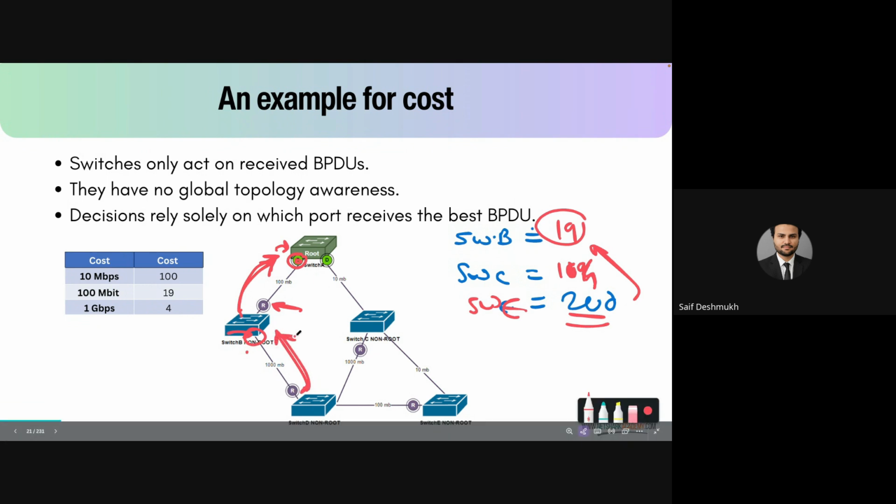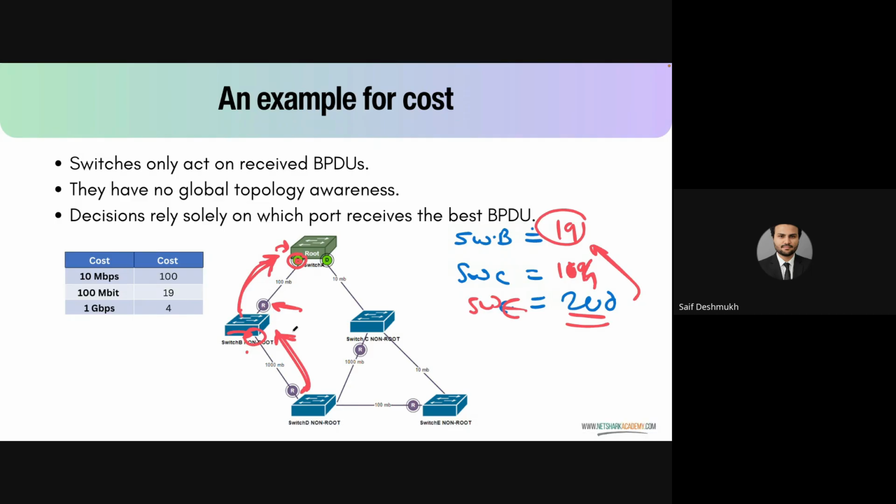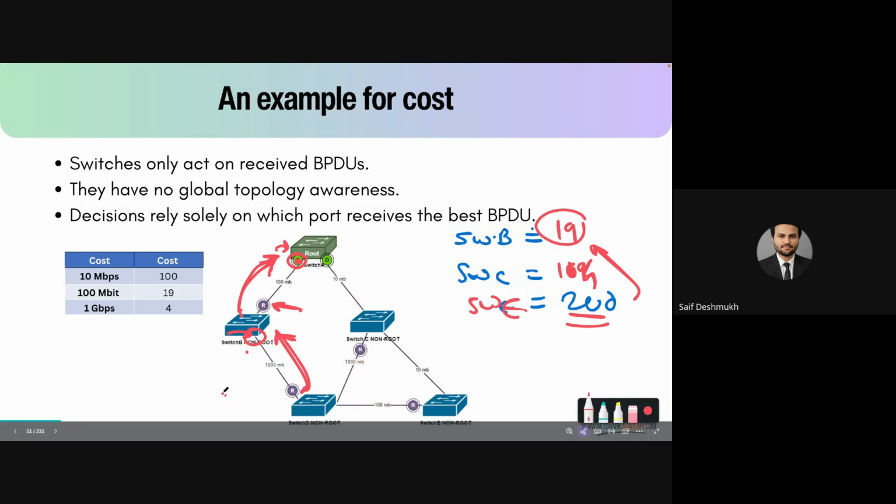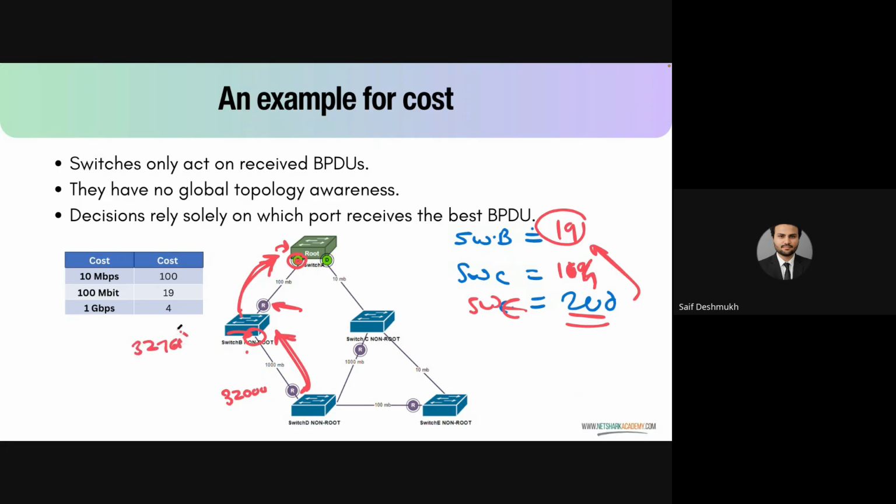If by any chance switch D, in the couple of BPDUs that it sent in the beginning, had a priority of something like 32,000, because priority is preferred first, and switch B knows that its priority is 32,768, it would say, hey, you know what? I think I found someone that is better than me. Let me put this port into non-designated port already.